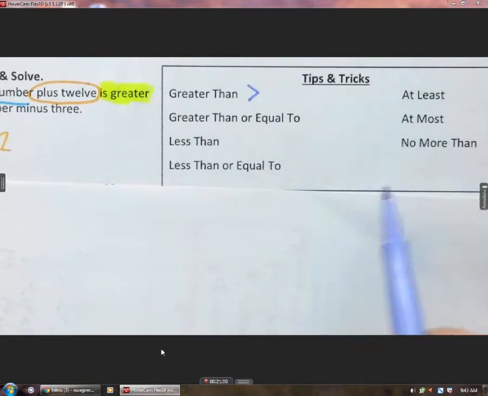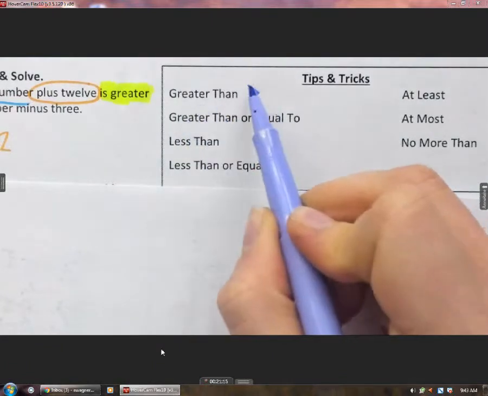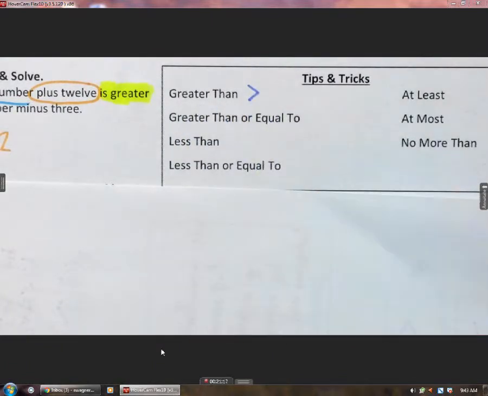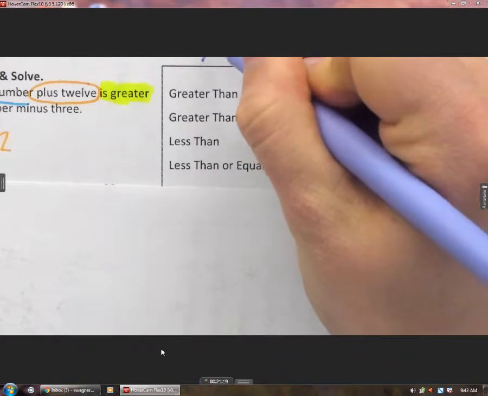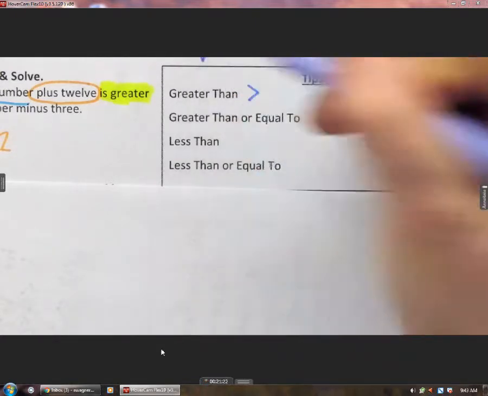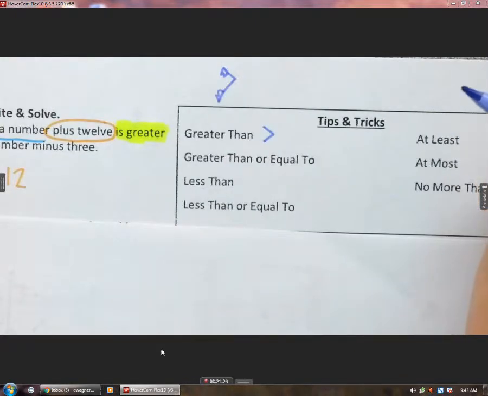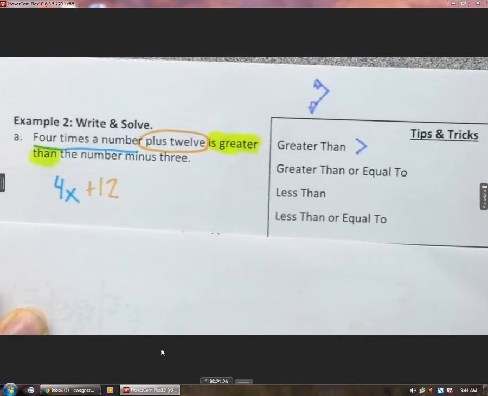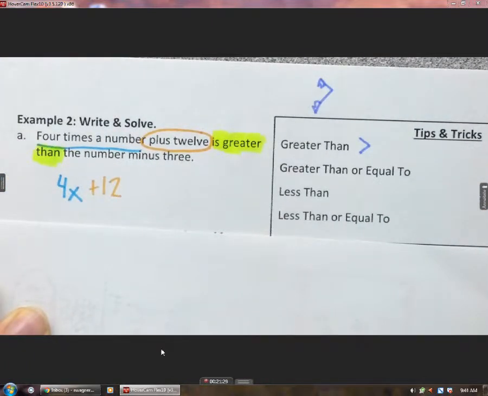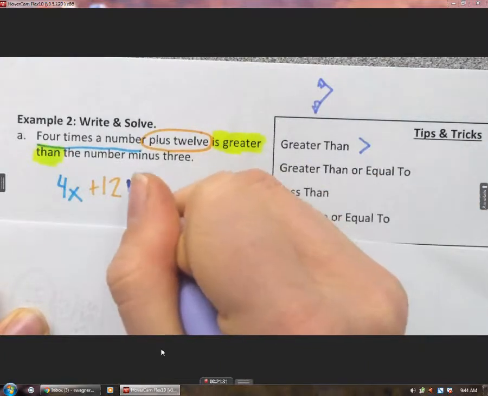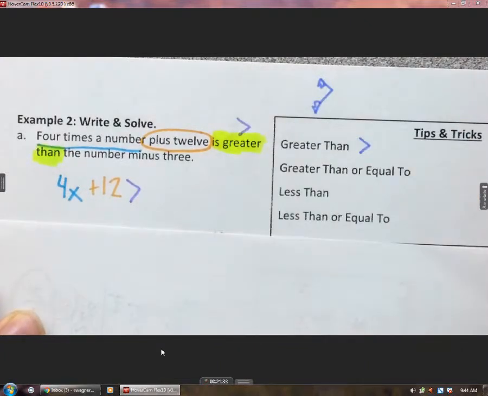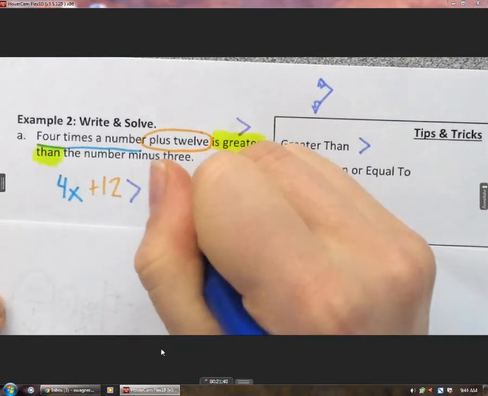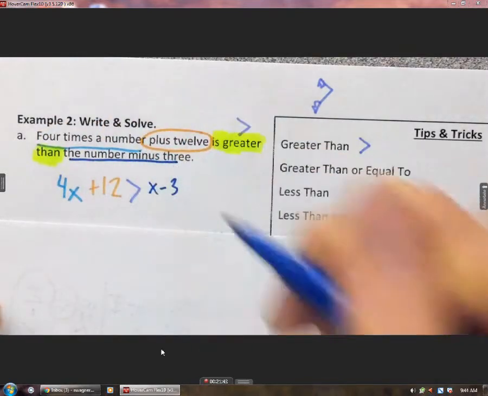These are all the words I'm about to show you what they mean. If it says greater than, it's going to look like this. Big mouth opening, like greater than has lots of teeth pointing to the bigger thing. So it's greater than the number minus 3. What does that mean? Good. x minus 3.